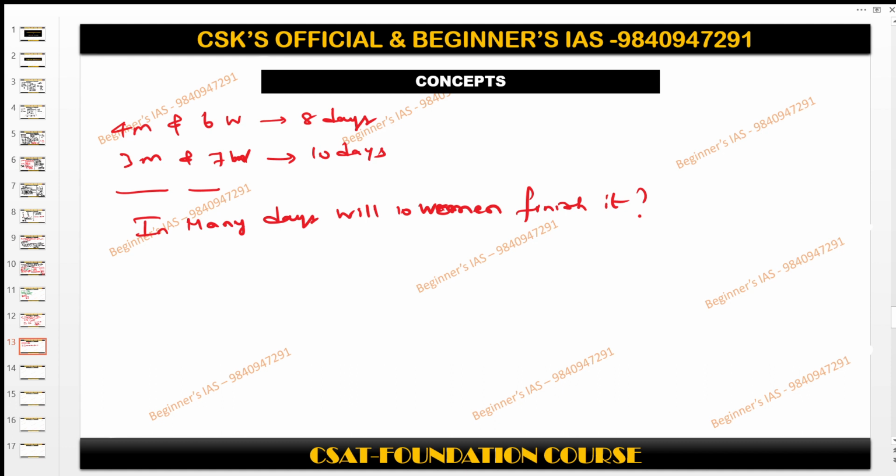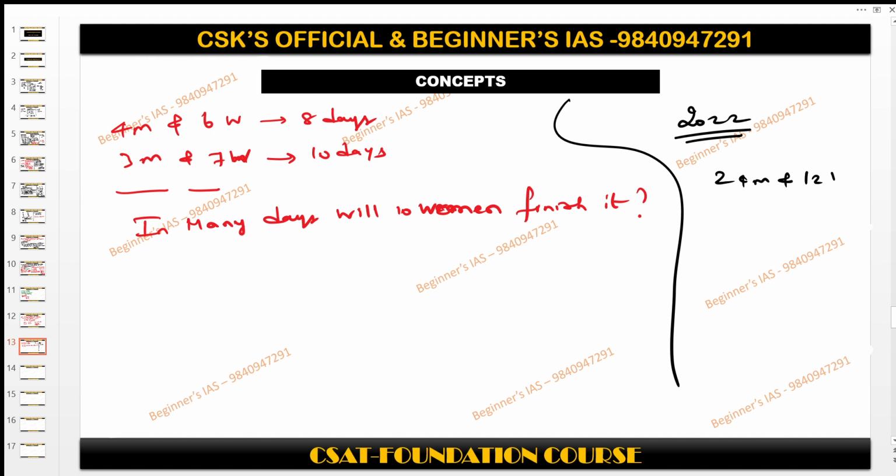You people do this question. So they have added a twist. Listen. If people try this question, then I will tell you, 2022 we have already discussed it, I think.